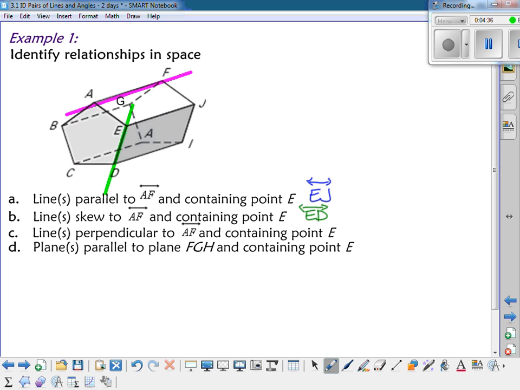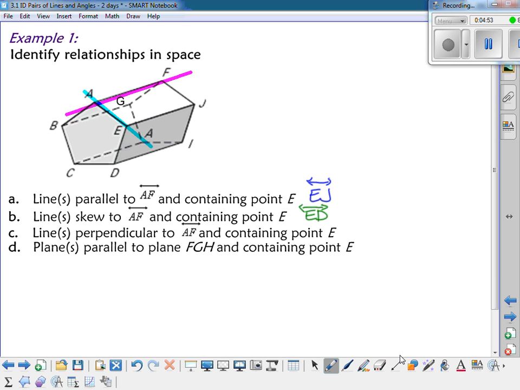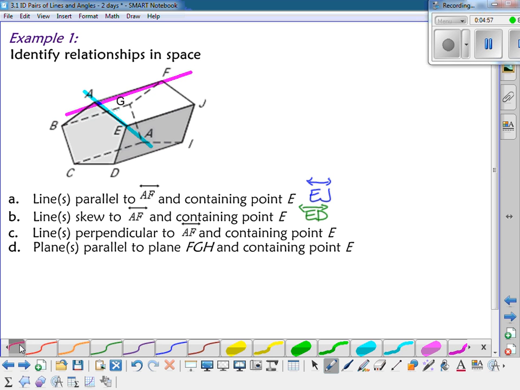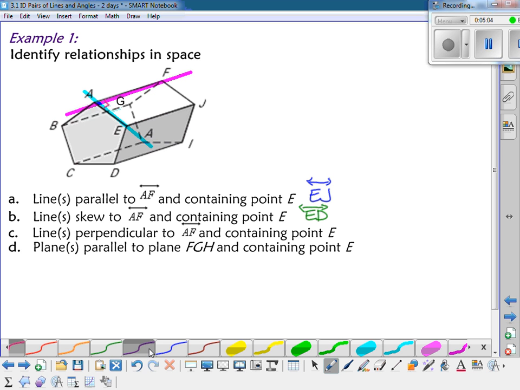All right. Then they want me to find a line that is perpendicular to AF and contains point E. And so perpendicular would be right here. This should be marked as a right angle up there. So line AE would be perpendicular to line AF.